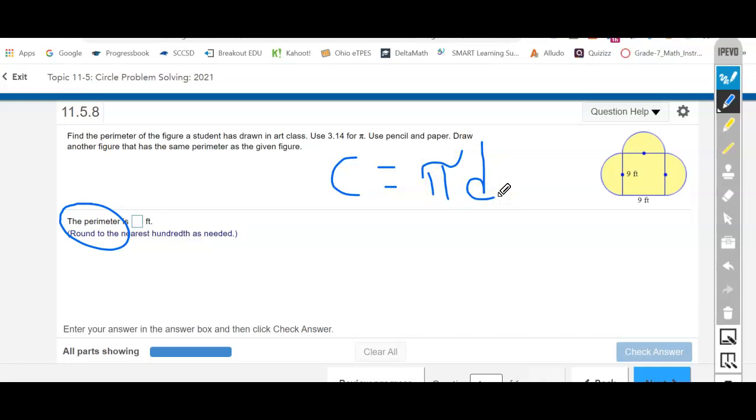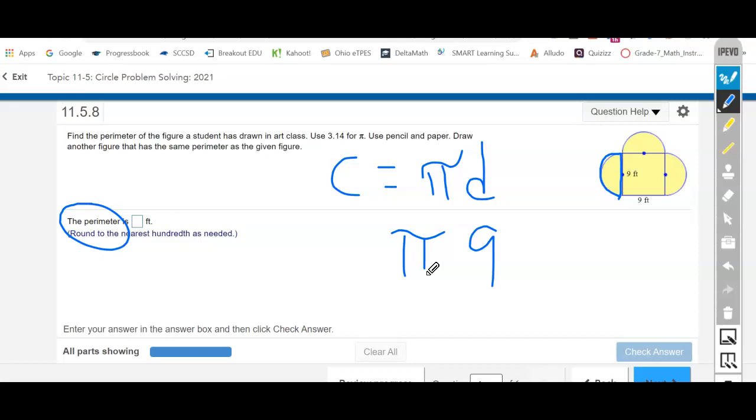All right, so we are going to use the diameter. So let's start with finding the measure of one arc. So the diameter of that circle, if that was a circle, the diameter is 9. So we're going to plug in 9 times pi, 9 times 3.14.